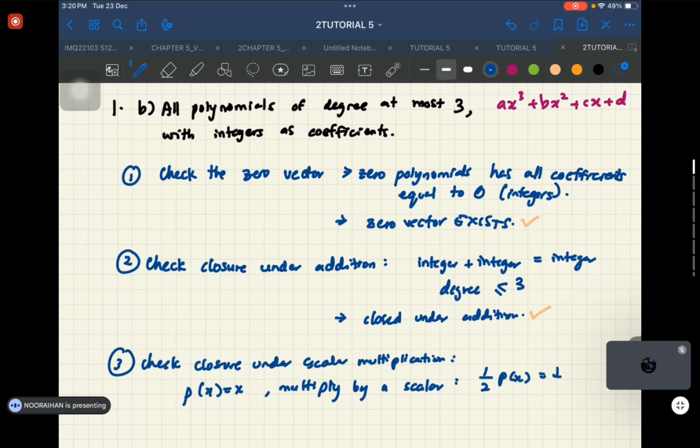We get 1/2 x, right? So the coefficient is not an integer.